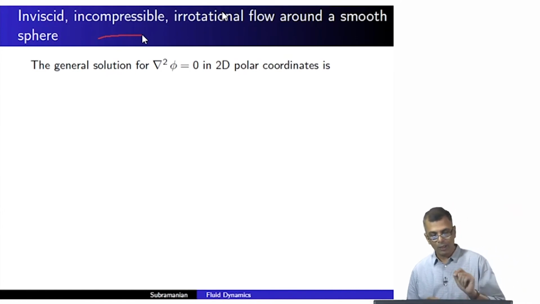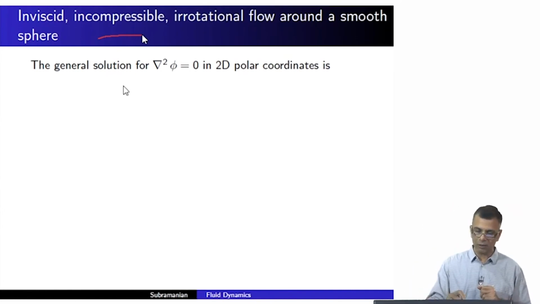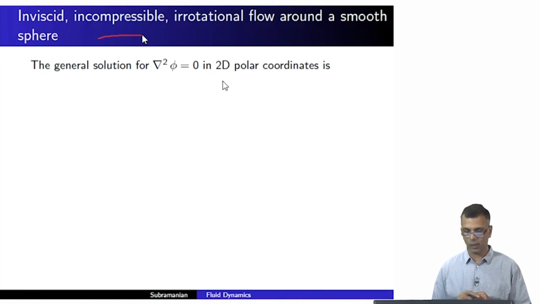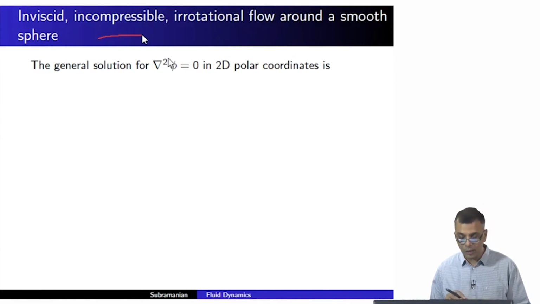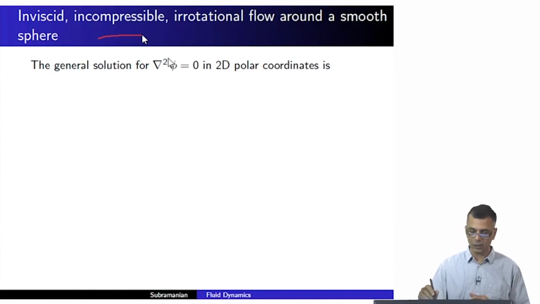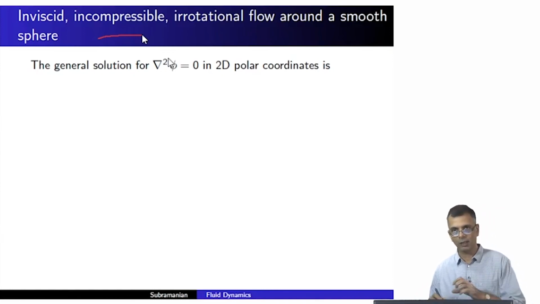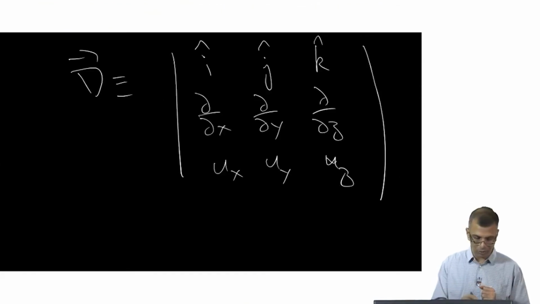Now, from mathematics, the general solution for del square phi, and remember phi is the velocity potential, in 2D polar coordinates, r and theta, as you know.